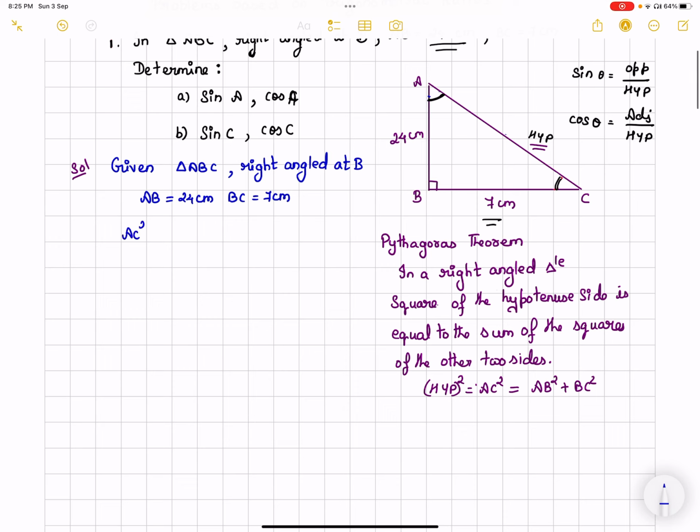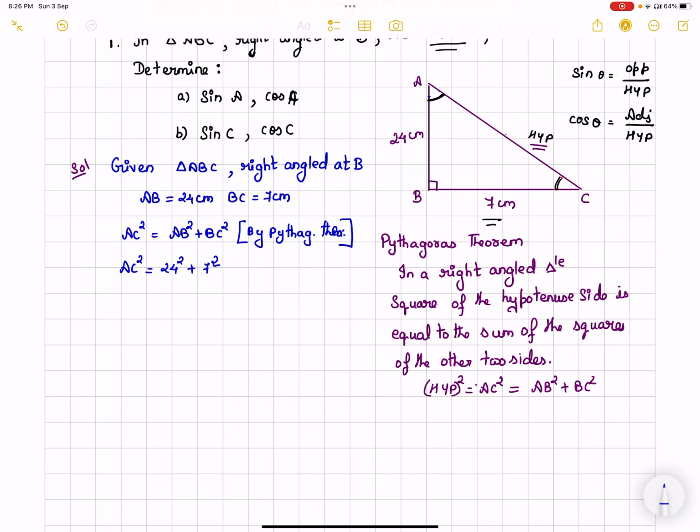AC square is equal to AB square plus BC square, mentioned within bracket by Pythagoras theorem. And then substitute the values. AC square is equal to 24 square plus 7 square.